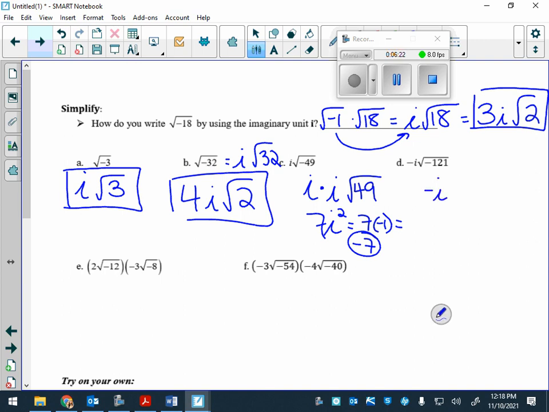Okay? Now if we look at D, we have negative i already on the outside. Square root of negative 121. See a negative, automatically what comes out? i. Then you're left with 121. Negative i times i, negative i squared. What is 121? 11. What does i squared equal?